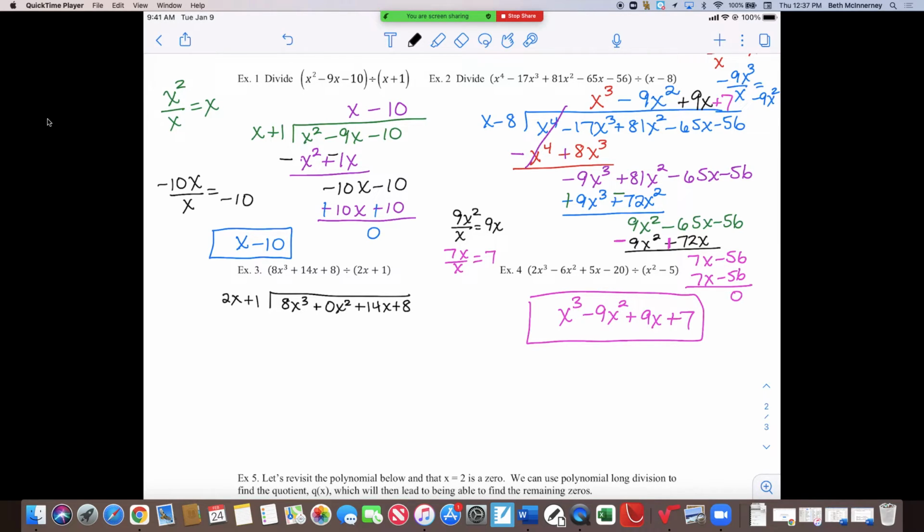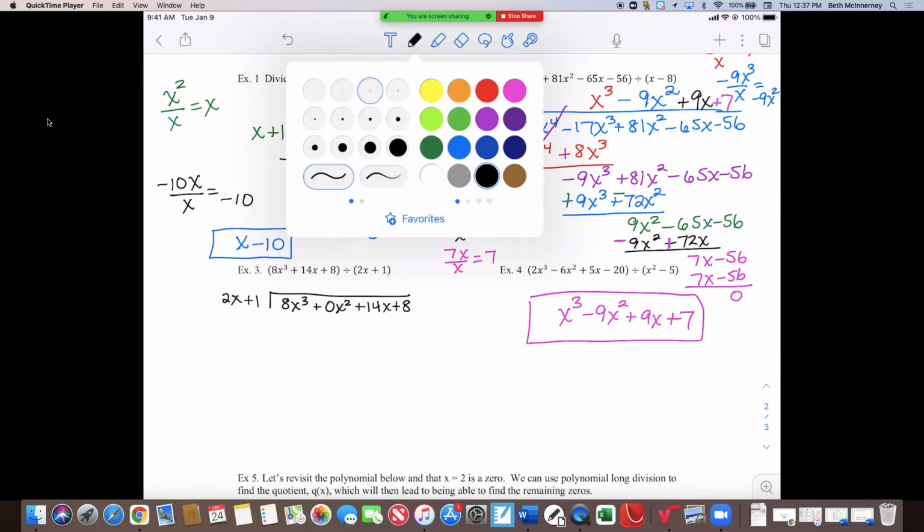In the dividend, okay, the number that's getting divided or the polynomial that's getting divided, if that dividend is missing a term, you have to insert a 0. I did not say divisor, okay, not the divisor, but if the dividend has a missing term, we have to add it in with a 0. That's where it went.